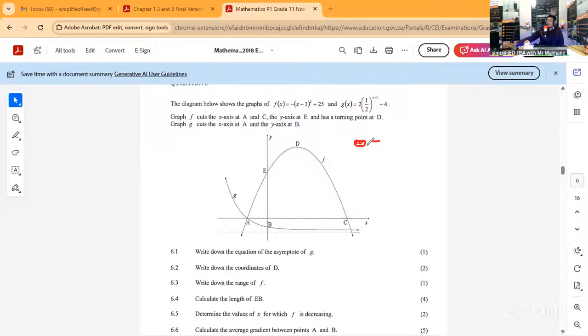0 is equal to minus (x minus 3) all squared plus 25.